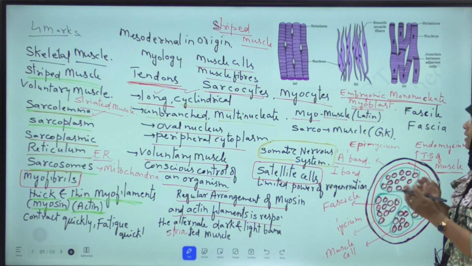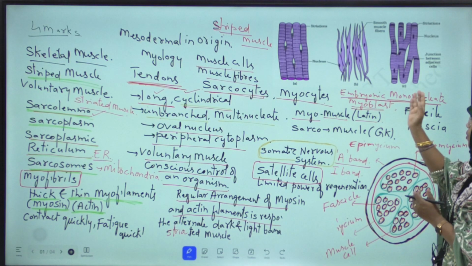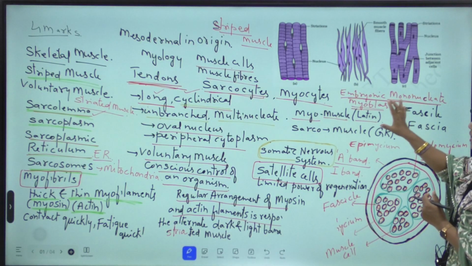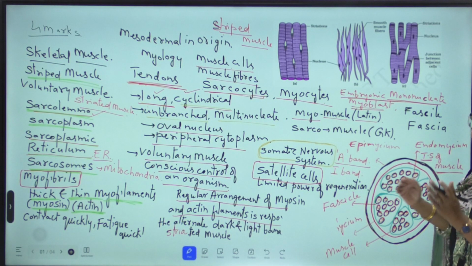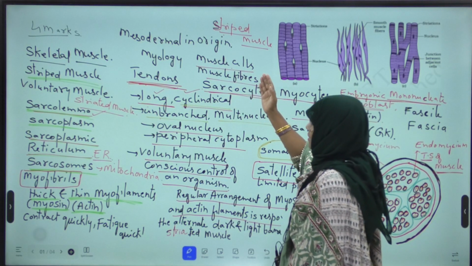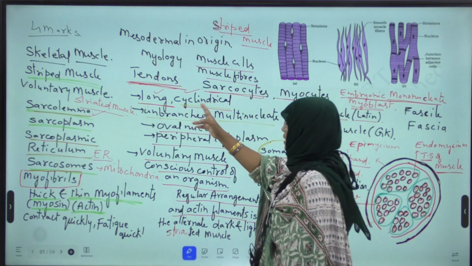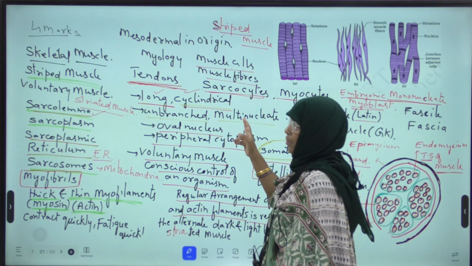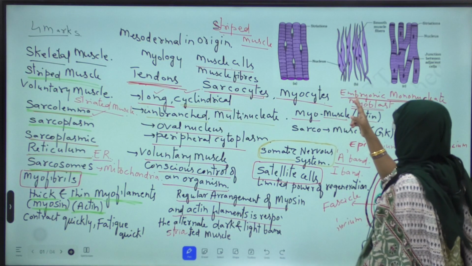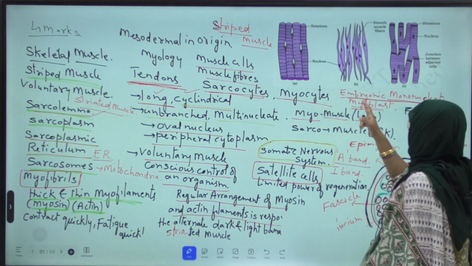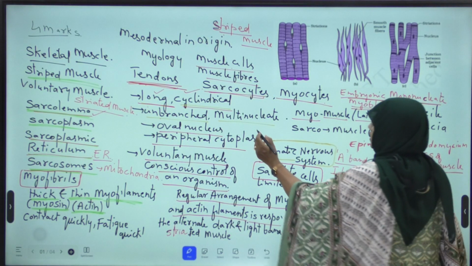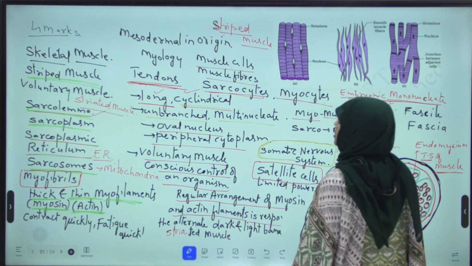They are formed by the union of many embryonic mononucleate myoblasts. Many myoblast cells each with one nucleus unite and form muscle fibers or muscle cells. Hence, skeletal muscle fiber is multinucleate.